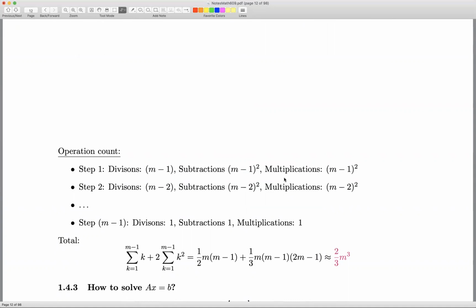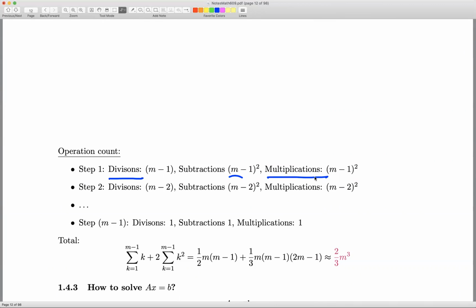Then the next step is to do the operation count. Let's see what the number of divisions, subtractions, and multiplications is here. As I said, in your book and in some books, they count only the number of divisions and multiplications because those are the most computationally expensive operations.